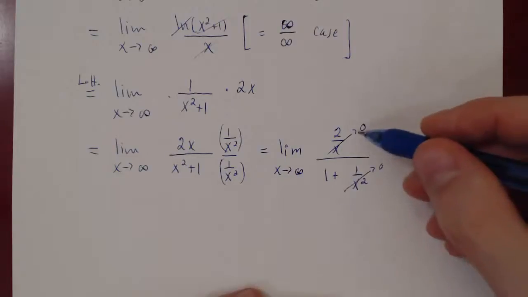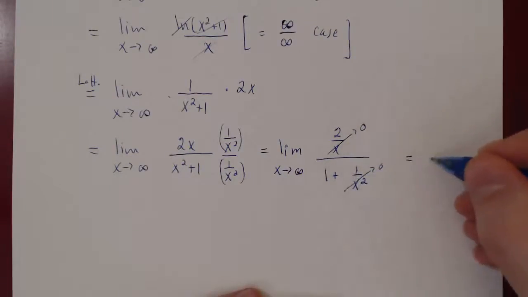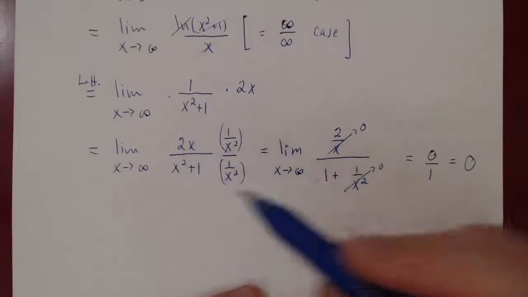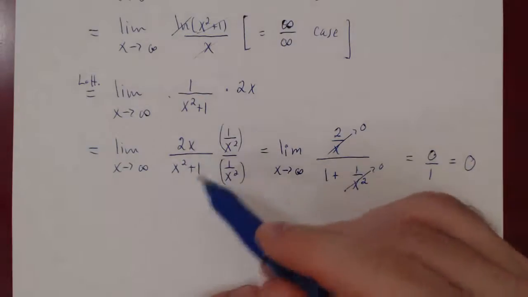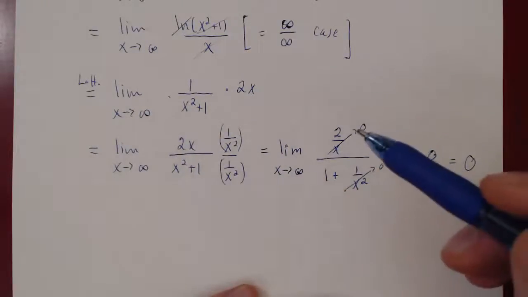So what we have is a 0 over 1 case. But 0 over 1, that's just equal to 0. And you would have arrived at the same answer if you had used, also in one line, L'Hopital's rule for this term instead of this trick.